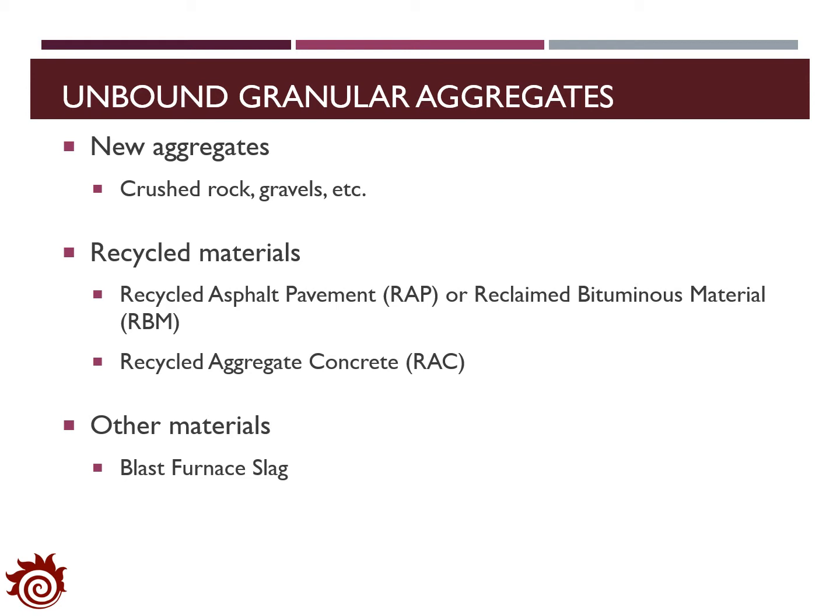The unbound granular aggregates can be some new aggregates such as crushed rock and gravels. They can also be recycled materials, including recycled asphalt pavement (RAP) or reclaimed bituminous materials (RBM), and recycled aggregate concrete (RAC). Some other materials, such as blast furnace slag, can also be the unbound granular aggregates.